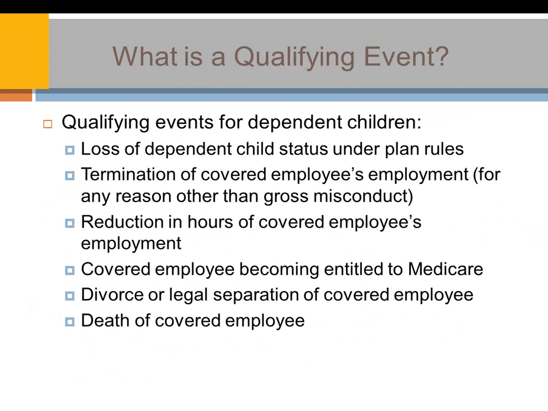When dealing with dependent children, loss of dependent child status under the health plan rules, so that would be your age. Remember, age up to 26 is pretty much what every health plan has nowadays. Termination of the covered employee's employment, reduction in hours, covered employee becoming entitled to Medicare, divorce or legal separation, death of a covered employee. So a lot of those match and mimic the spouse.